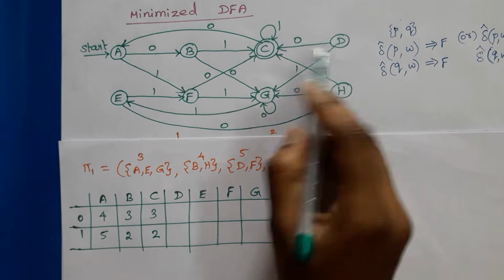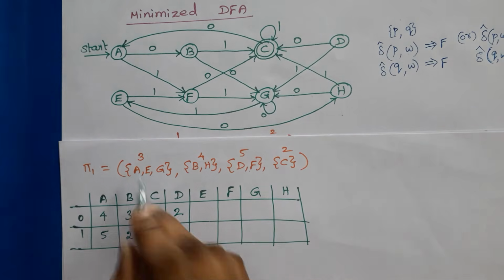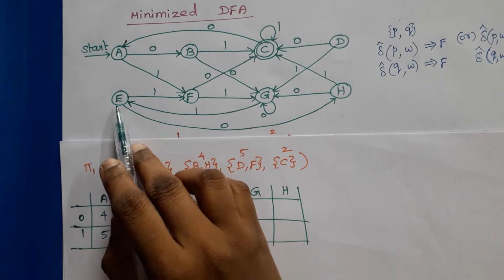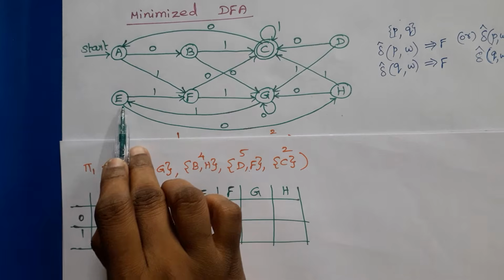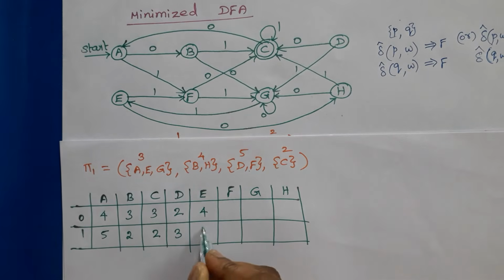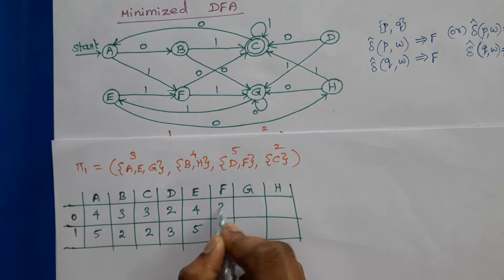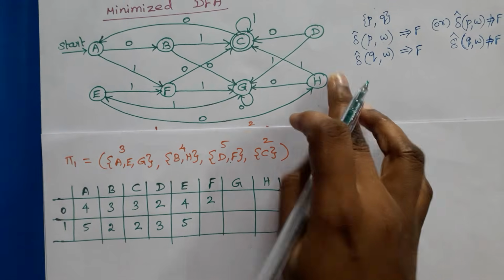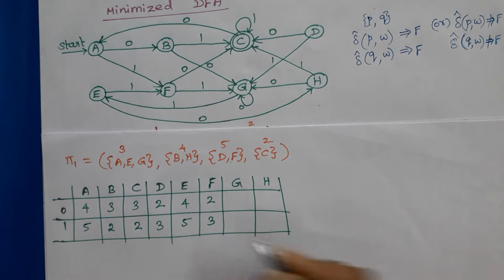From D, 0 goes to C, means 2. Then 1 goes to G, 3. From E, 0 goes to H, 4. 1 goes to F, 5. From F, 0 goes to C, 1 goes to G, 3.